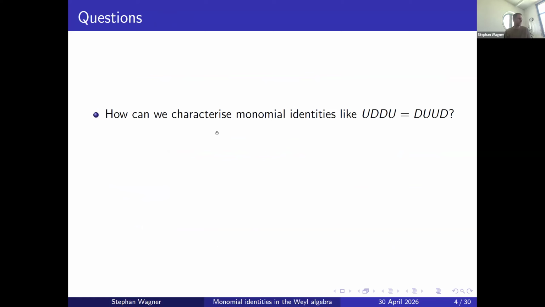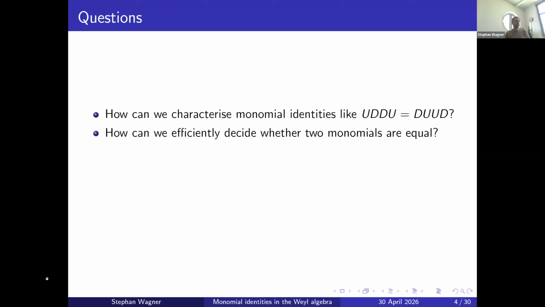So how can we characterize such monomial identities? uddu equals duud is one of them, but there will certainly be more. How do we characterize them? How can we decide, given two monomials, with a reasonably efficient algorithm, whether they are actually equal, so whether they represent the same thing in this Weyl algebra?